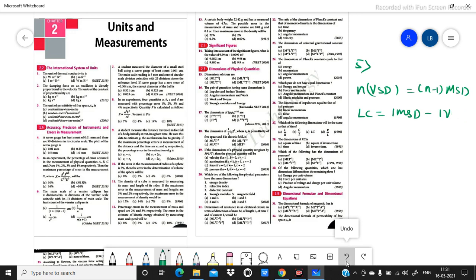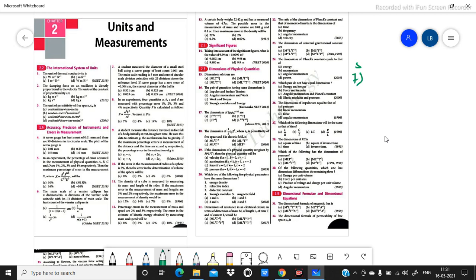So I can write like this. Number 7 is nothing but, because we are asked to find out the correct diameter, diameter of the ball equals main scale reading plus circular scale reading, CSR, into least count, minus zero error.